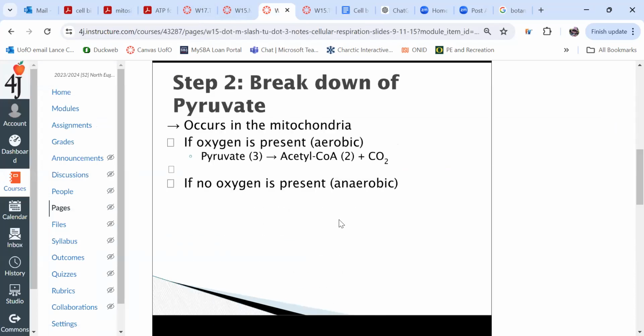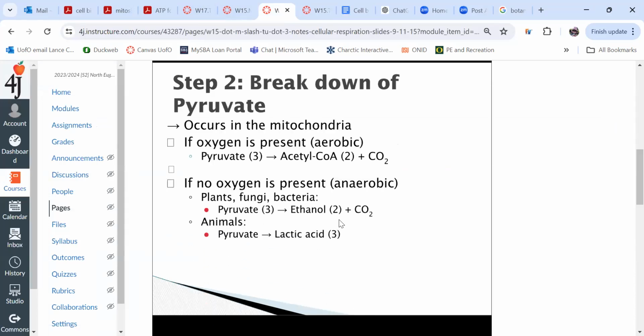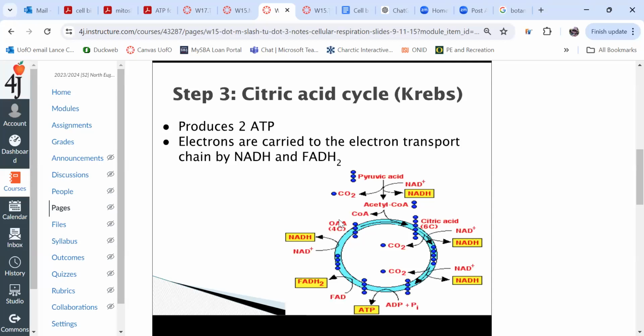Let's see if we can figure out what they do. So here's NADH. Looks like a lot of NADH is getting created in this Krebs cycle. Electrons are carried to the electron transport chain by NADH and FADH2.